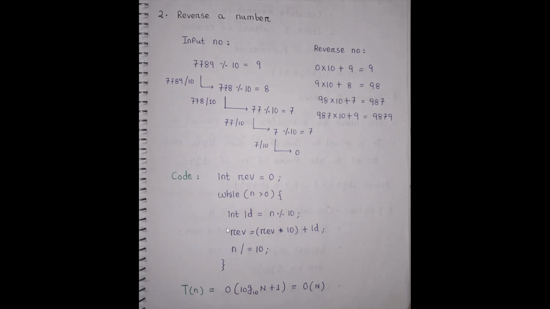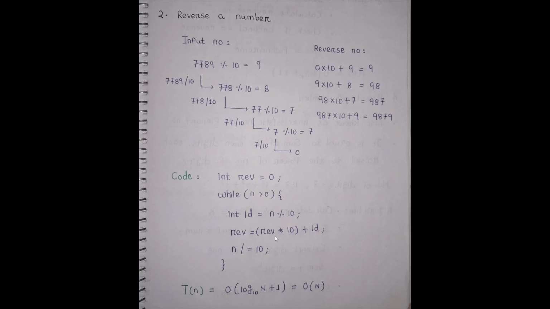Then our first job inside the loop is to extract the last digit of the number, which we can do by the modulo 10 operation. Then we have to multiply the previous value of the reverse number by its place value, that is 10. We are using the decimal number system as normal in our programming language.